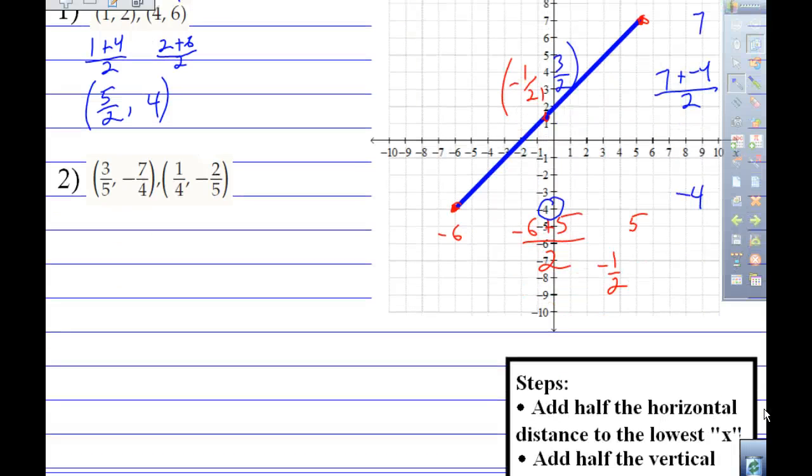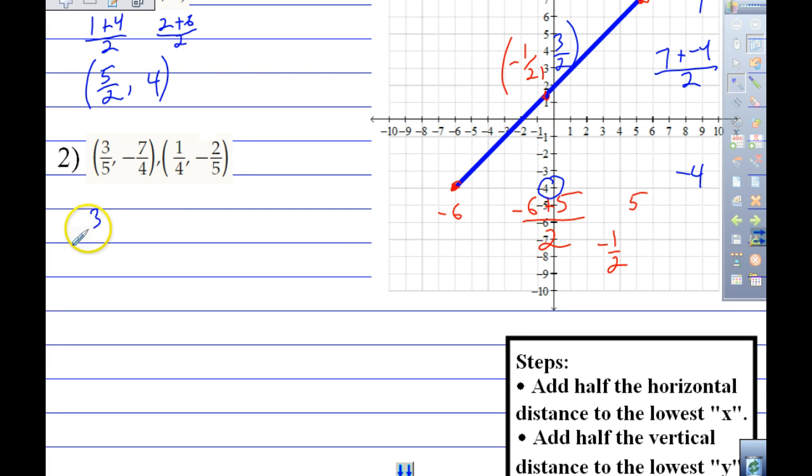Do the same thing with fractions. 3/5 plus 1/4 divided by 2. Negative 7/4 minus 2/5. And of course, you can use your calculator to help you out as needed. Cancel, so we get 12, 17 over 20, 17 over 40.